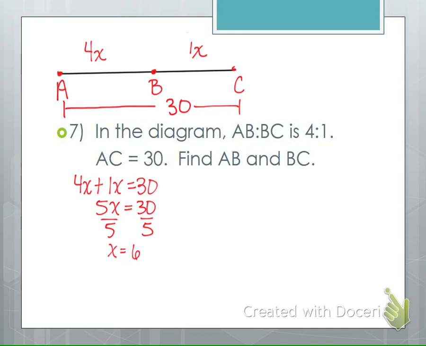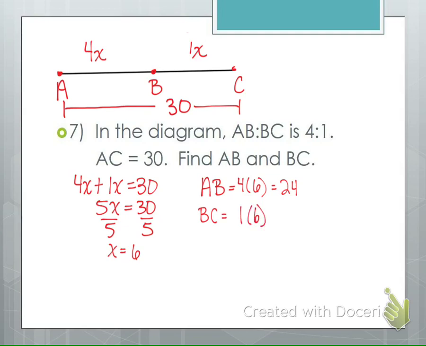Am I done? No, because the question told me to find AB and BC. So in this case, AB. How would I find it? Good. 4 times 6. So we're plugging that x back in next to the 4. 4 times 6 is 24, which means BC is 6.